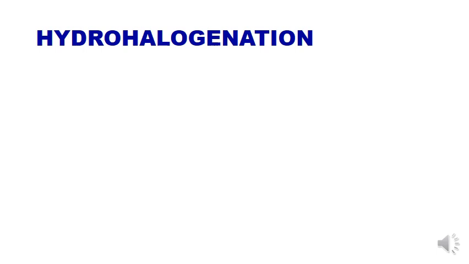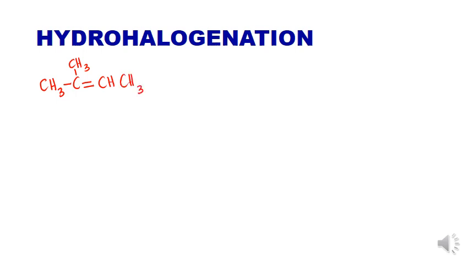Alright, so now let's try another example to write the reaction mechanism for hydrohalogenation. Let's say we have an example of 2-methyl-2-butene.